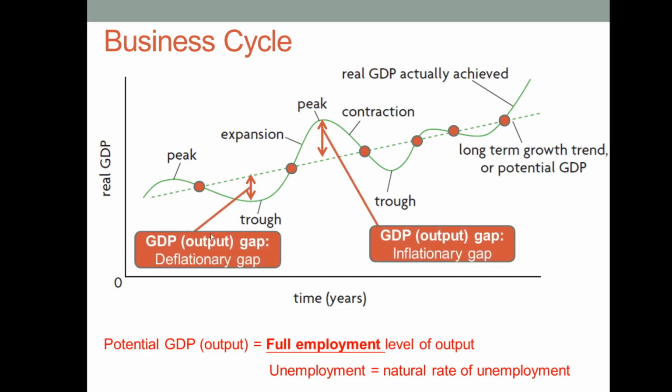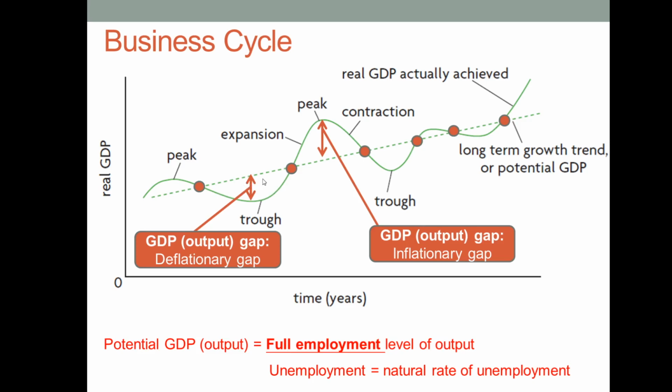When the potential output is higher than the actual output that you are producing in the economy, we will call that a deflationary gap, or sometimes you will see recessionary gap. You can shade this area here.